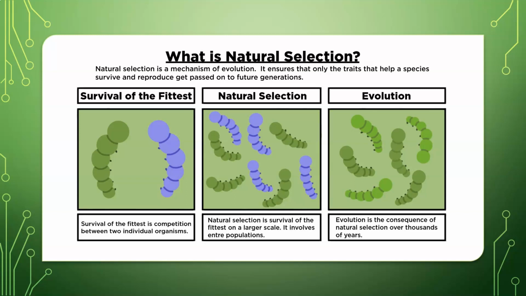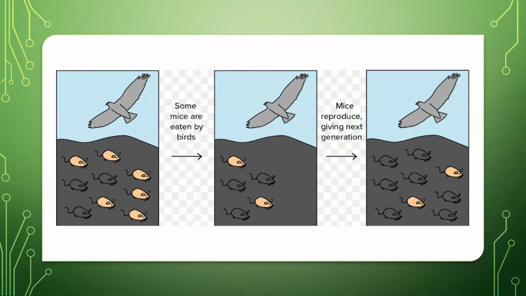It may be a stronger predator, but the survival of the fittest is the one that responds best to its current environment. Okay, natural selection is the survival of the fittest on a larger scale, and it involves entire populations. And then evolution is the consequence of natural selection over thousands and thousands of years.